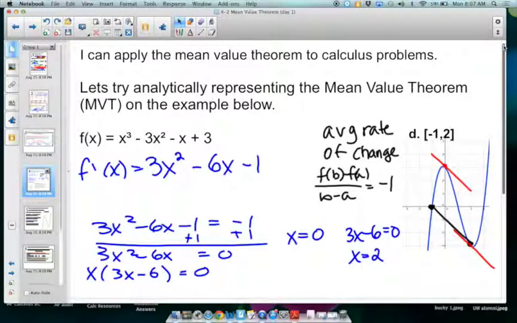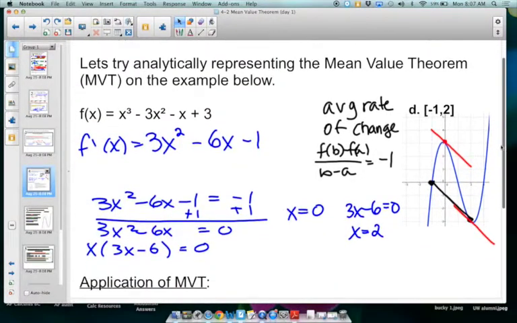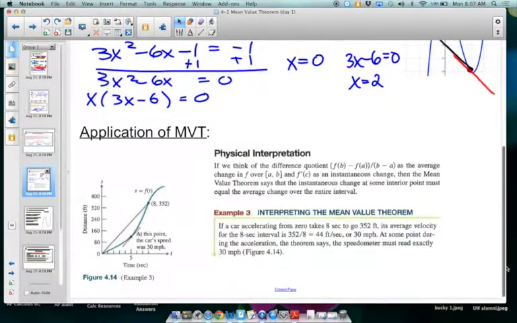So somewhere in these first 8 seconds here, if my average velocity is 44 feet per second, which is about 30 miles an hour, somewhere in that first 8 seconds, I had to have been going 30 miles an hour. Does that make sense?